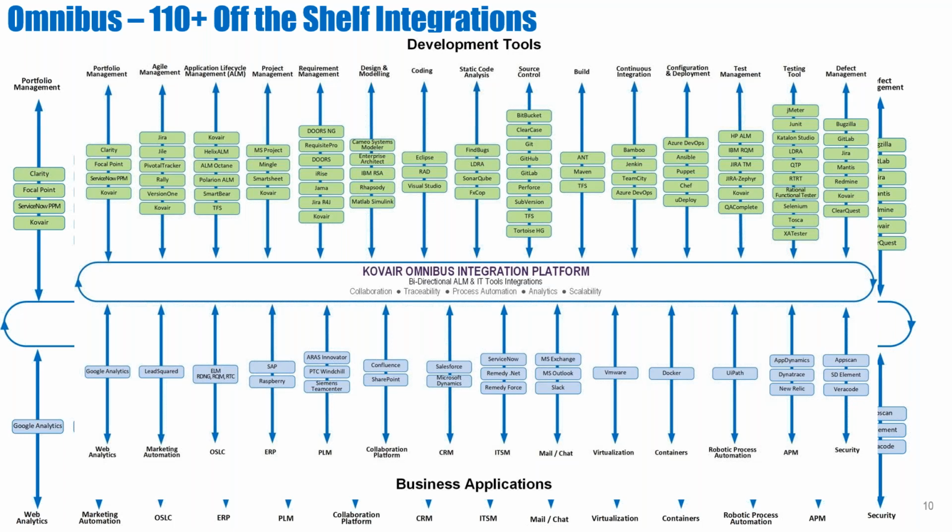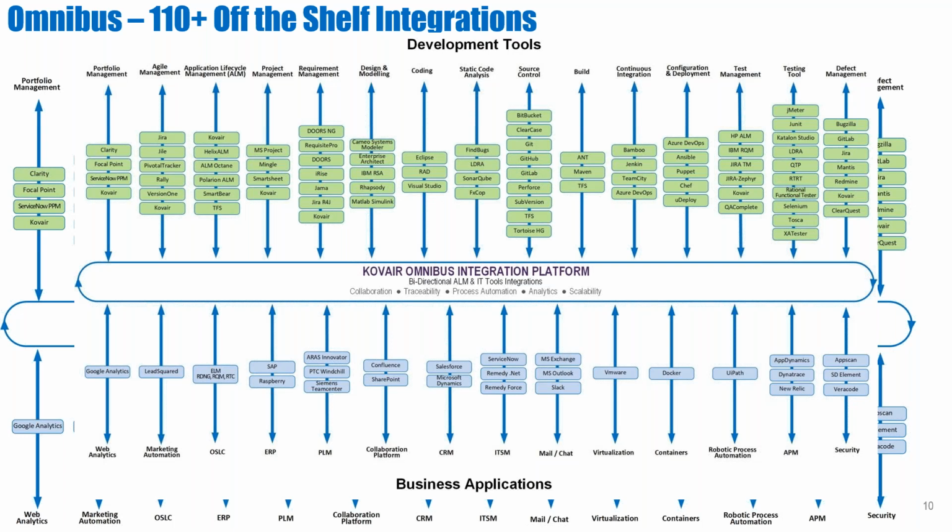So if I move from left to right, I'm actually following the entire development life cycle. And for each of the stages, we have the tools in place which you can opt to integrate to have the traceability.